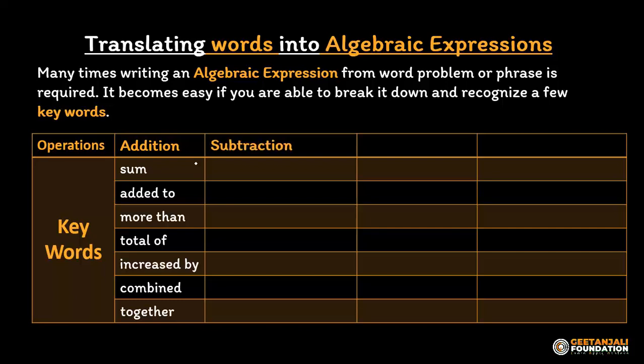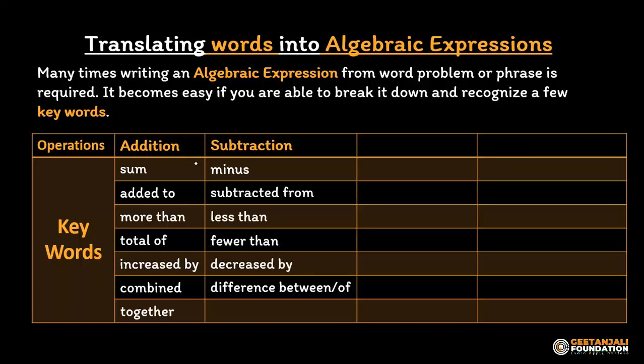Next is subtraction. It may be written minus, subtracted from, less than, fewer than, decreased by, difference between, or difference of, take away. These types of terms you will find in your word problem, and in those places you can use subtraction sign. Then multiplication.